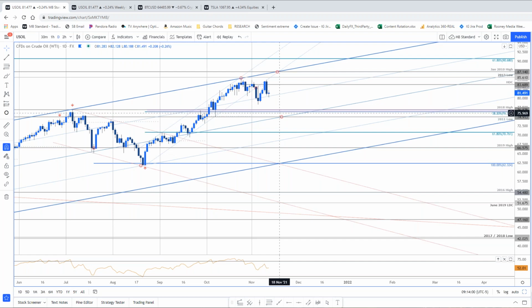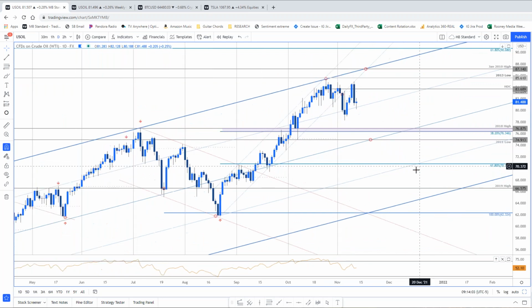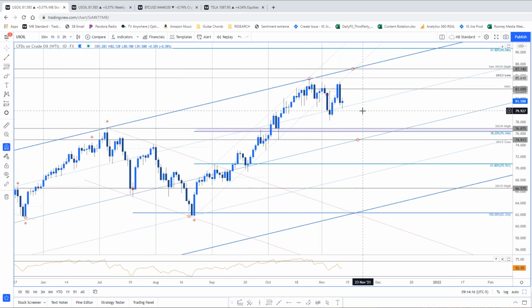The risk is still for the dump. Add to that, guys, that yesterday actually was an outside daily reversal, okay, off of the highs. That typically is a bearish mark, okay?